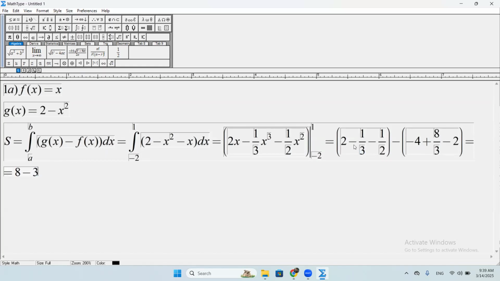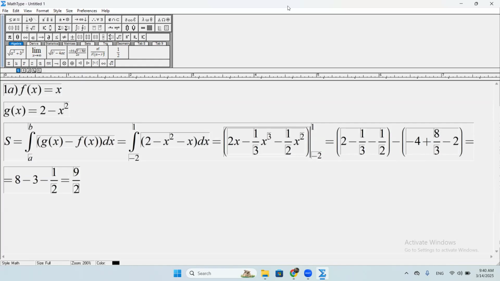So 1 over 3 minus 8 over 3, so it will be minus 3, and minus 1 over 2. So we have 5 minus 1 over 2, and it will be equal to 9 over 2. So positive result, adequate result.